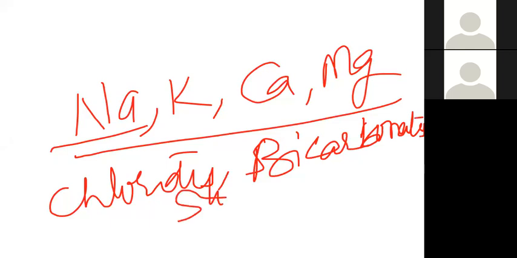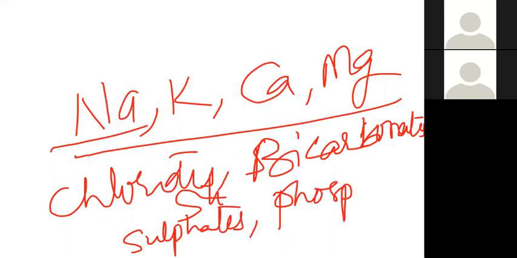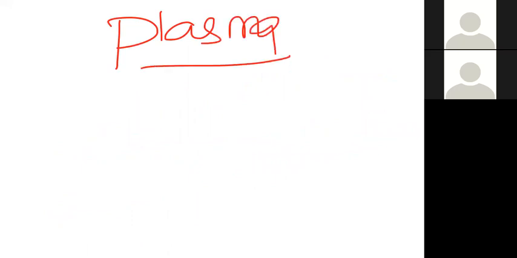It's a little difficult to write here. These are all the components of the plasma. So the big list is there for plasma, isn't it? Function-wise as well as material-wise.